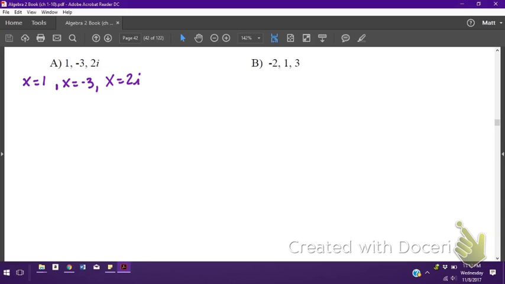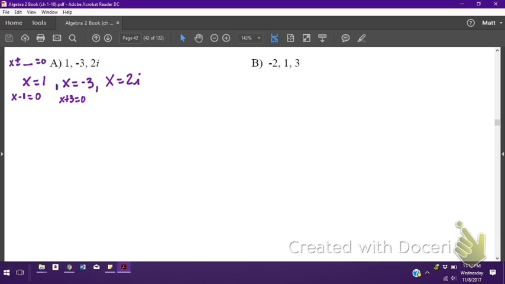So it has to be x plus or minus something is equal to 0. How are we going to get x equals 1 to be equal to 0? I'm going to subtract 1 from both sides, so you get x minus 1 is equal to 0. X equals negative 3. I want that to equal 0, not negative 3. So I'm going to add 3 to both sides. So you get x plus 3 is equal to 0.